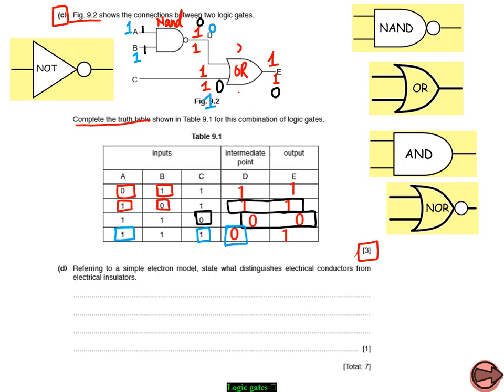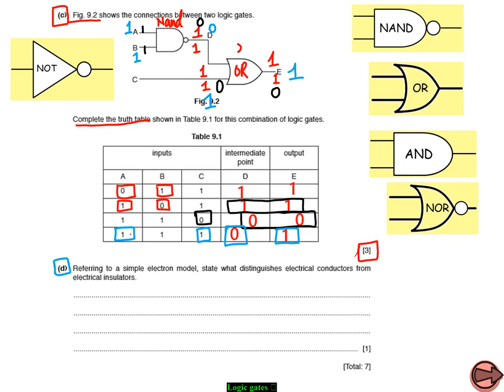This is an OR gate, so if any input is 1, the output should be 1. That's the reason we have 1 here. This is how we can answer. This is a quite straightforward way to answer this type of question. The best way is to just write down what is given, look at the different gates, and simply answer. I hope you now have a better understanding of how to handle this type of question. Let's move on to the next one, part D.